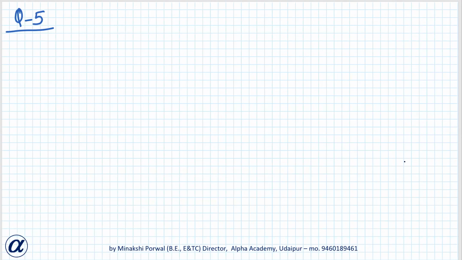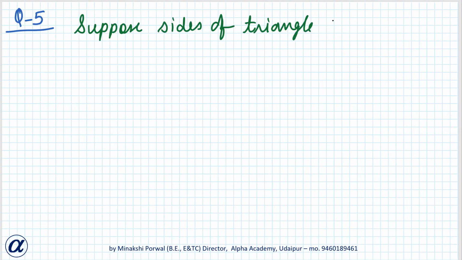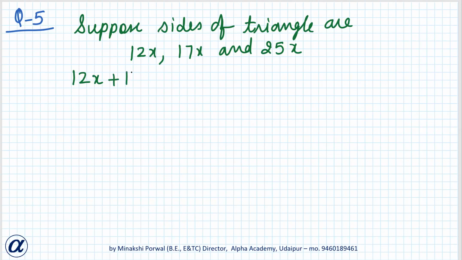Sides of triangle are in ratio 12:17:25. So in this case, suppose sides of triangle are 12x, 17x and 25x. Okay. So 12x plus 17x plus 25x is equal to 540.